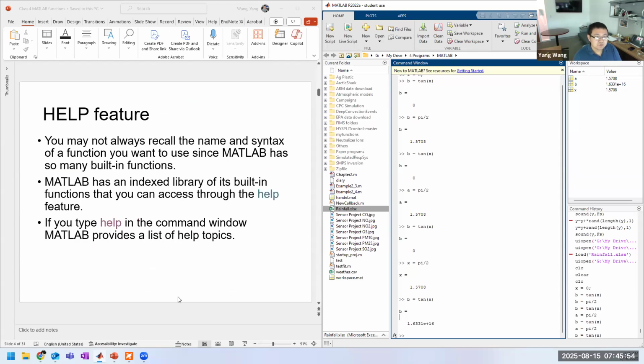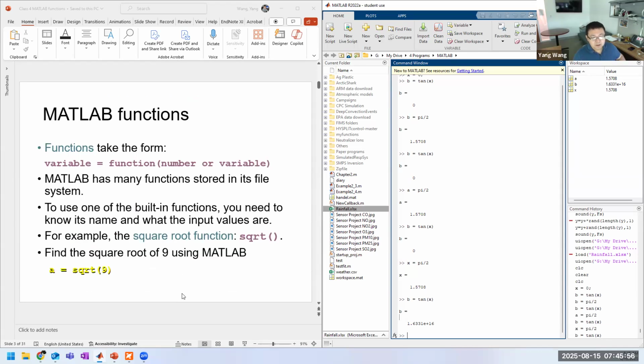So for example, if you are trying to calculate the square root of something, right? So square root of a value. So for example, we can just use sqrt of 9, right? It's going to give you 3. And another way to solve the square root is you can also do the power, right? The square root is 0.5, right? So that will also give you 3.